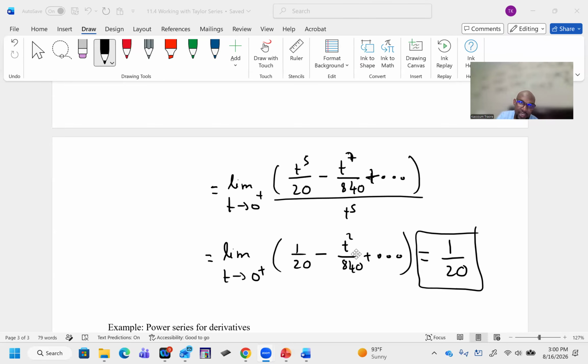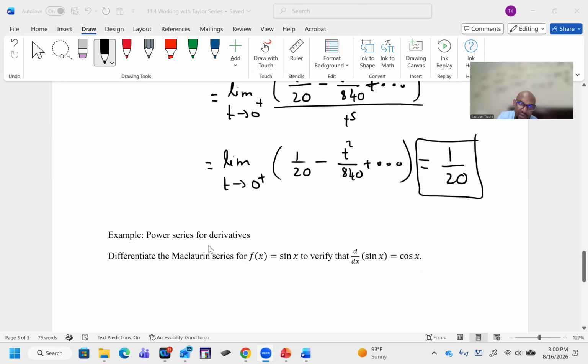For the next example, that will be about power series for derivatives. Differentiate the Maclaurin series for f of x equals sin x to verify that the derivative of sin x with respect to x is equal to cosine x. So, solutions.